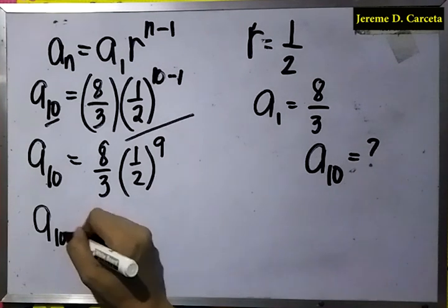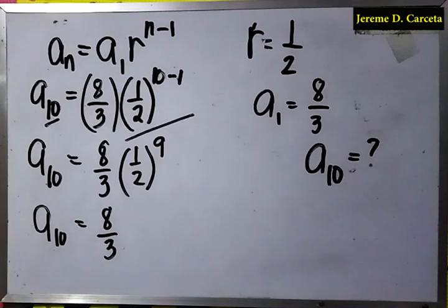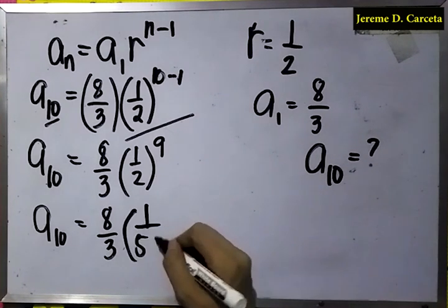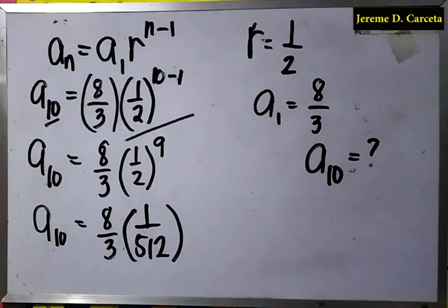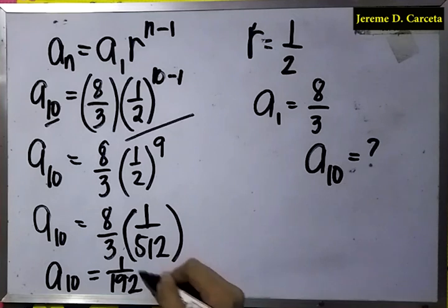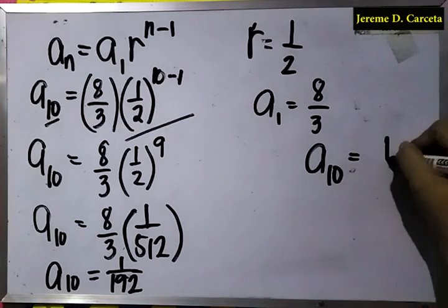So we have a sub 10 is equal to 8 over 3 times 1/2 to the 9th, so we will have 1 over 512. Then again, we multiply the fractions here. Our a sub 10 will be equal to 1 over 192.